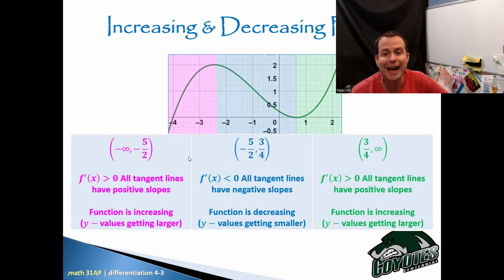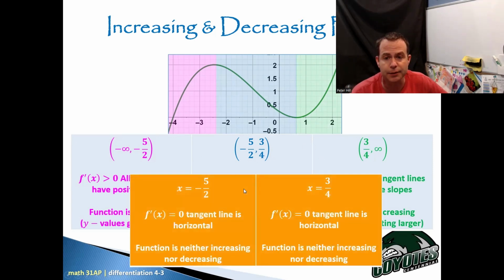Now, at those critical numbers, the derivative equals 0, and we already know from our last lesson that it could also be that the derivative doesn't exist, but that's not this case. In this case, they would be 0. So at negative 5 over 2 and at 3 over 4, the derivative is 0 and the tangent line is horizontal. At that point, the function is neither increasing nor decreasing.